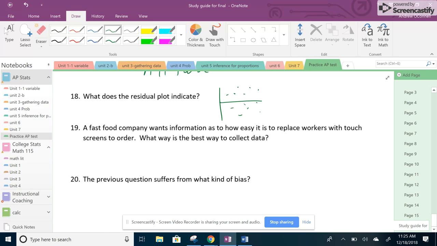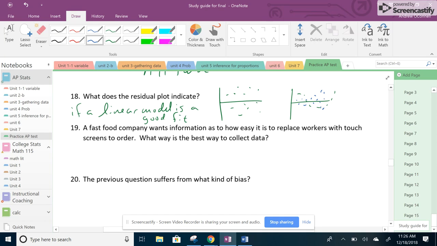So I'll just say the residual plot indicates if a linear model is a good fit. And random scatter indicates that yes, it would be. If it was some type of pattern like a curve or a tail, then that would not indicate a linear pattern is good.